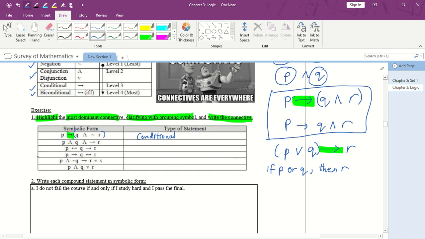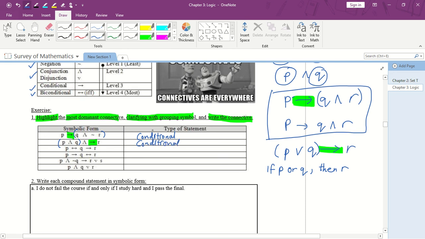And the next one, P and Q conditional negation R. We know that this conditional is the most dominant one, so we need to highlight the conditional, and we need to group the others. Since this is being highlighted, we know that this is a conditional.